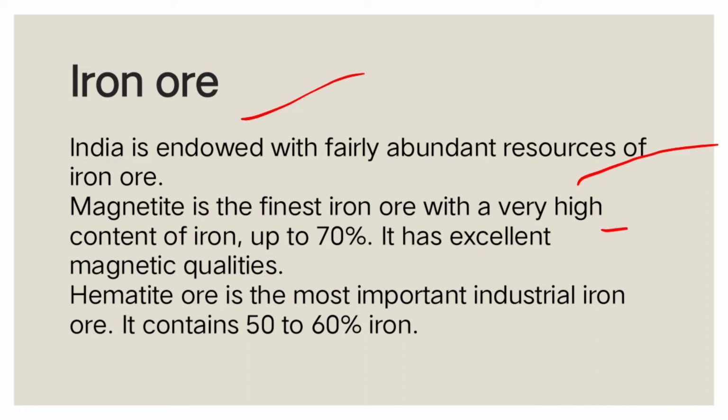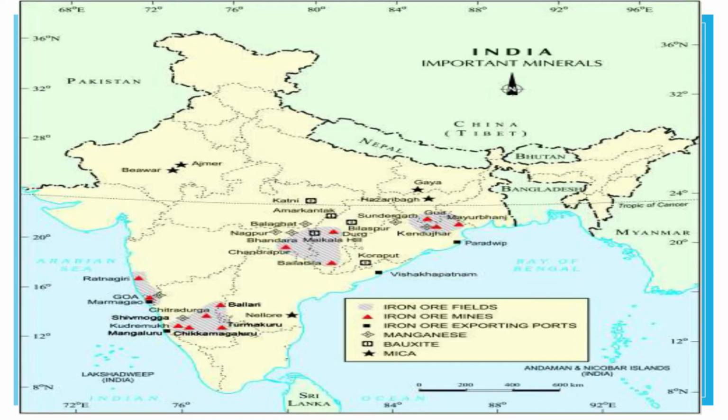It contains a very high content of iron, say 70%. It has excellent magnetic qualities. Hematite ranges between 50 to 60% iron, and this is used for industrial purposes. This is the availability of iron ore, classified by the different regions of availability on the map.